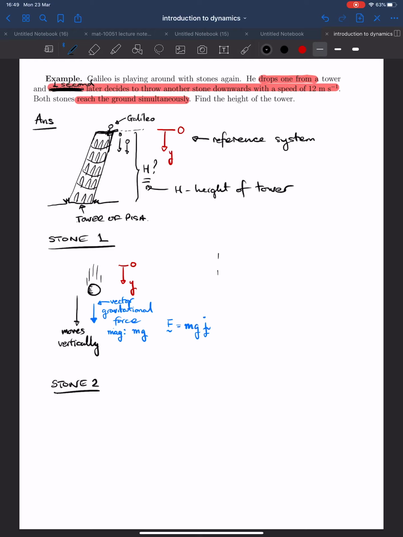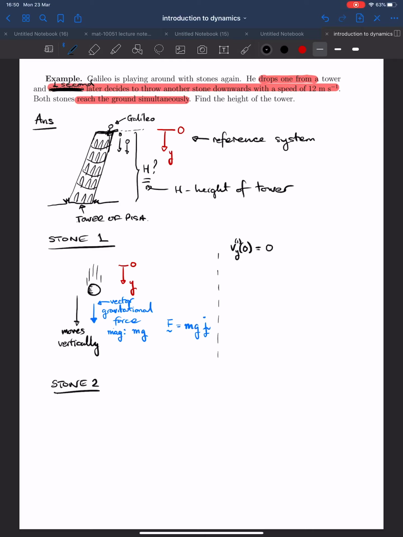Stone 1 is dropped in the question. So this implies that Vy, the vertical component of the velocity for this stone, with 1 as a superscript to tell you that it's stone 1, is initially 0.